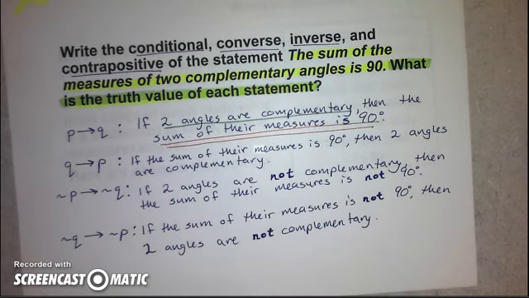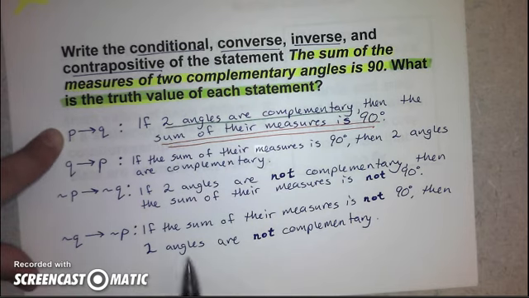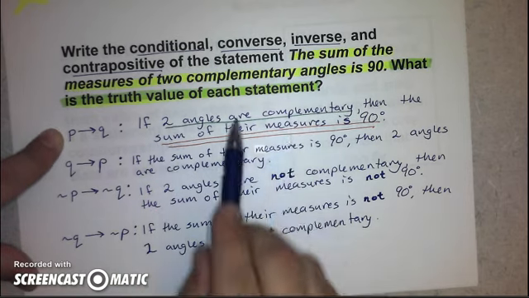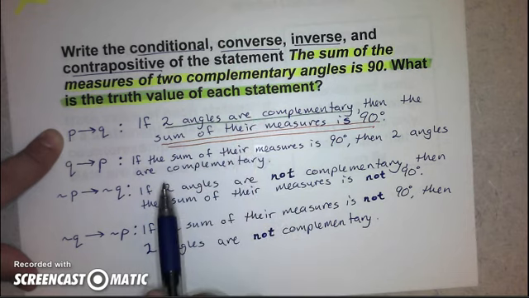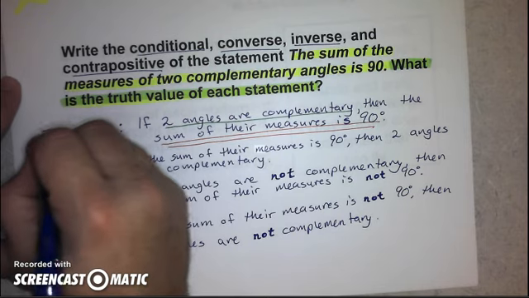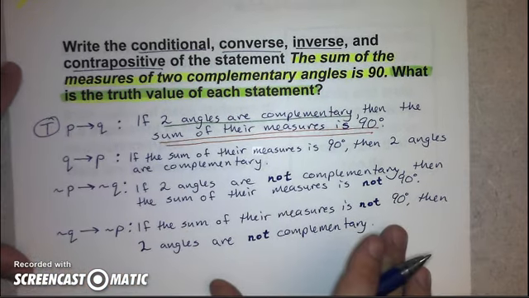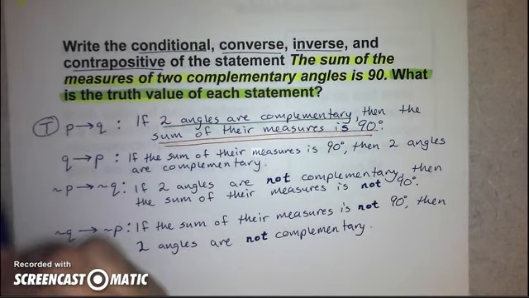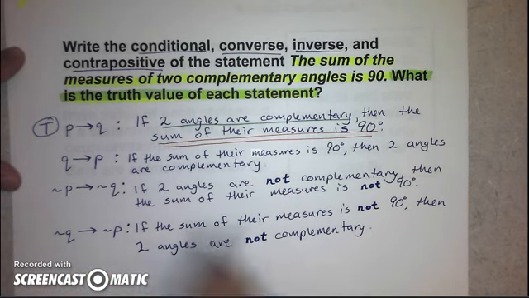All right, and to evaluate truth value, we're just going to look at the original conditional statement first. If two angles are complementary, so think of two angles that are in fact complementary, then the sum of their measures is 90 degrees. That is a true statement. So the original conditional is true, which means the logically equivalent statement, if you've written it correctly, should also be true. The contrapositive will be true.